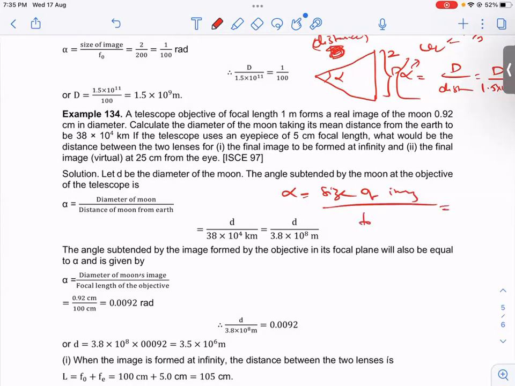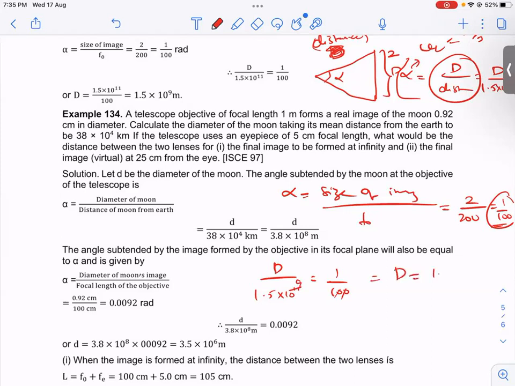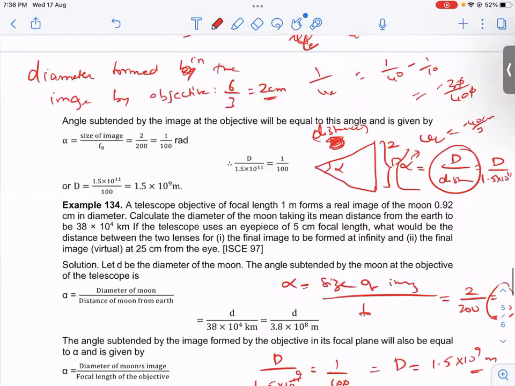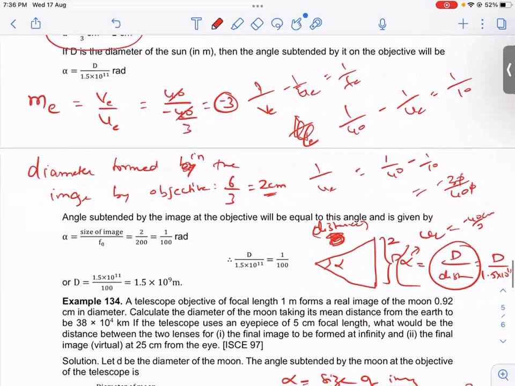The size of the image is 2, and f naught is 200, so this is 1 by 100. So this alpha and this alpha are the same. So D divided by 1.5 into 10 power 11 is equal to 1 by 100. It will get cancelled twice, which implies the diameter of the sun is 1.5 into 10 power 9 meter. So this is a slightly tricky problem.